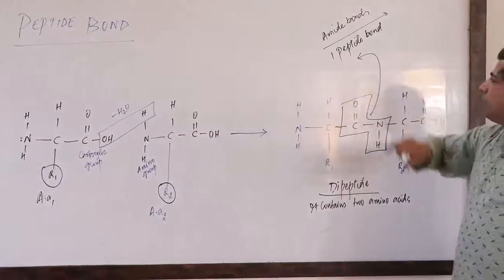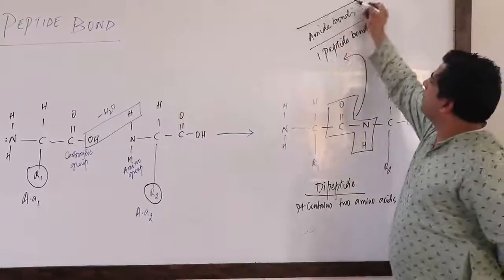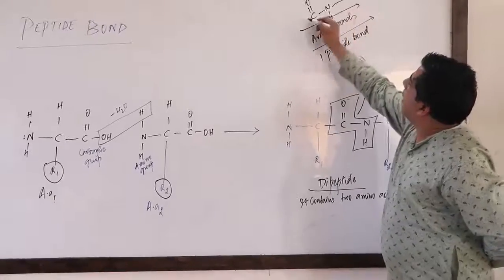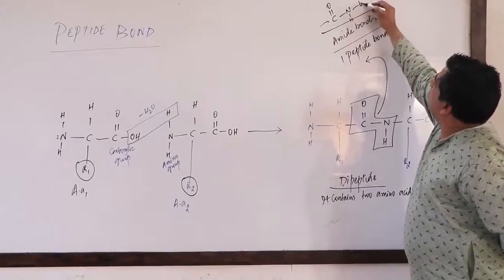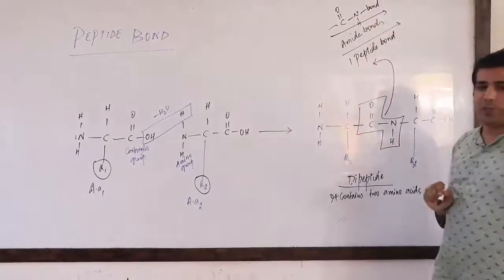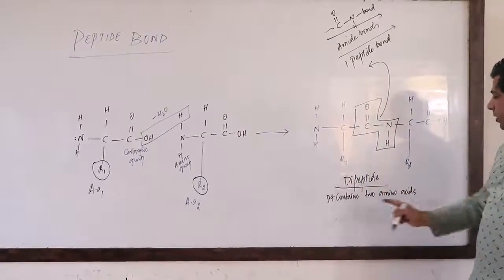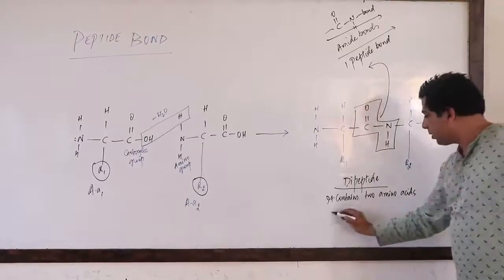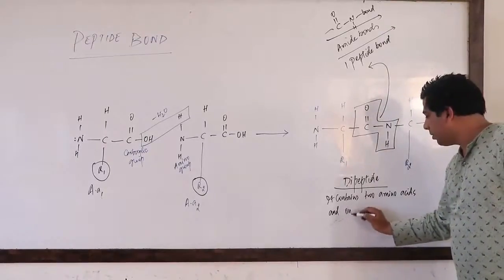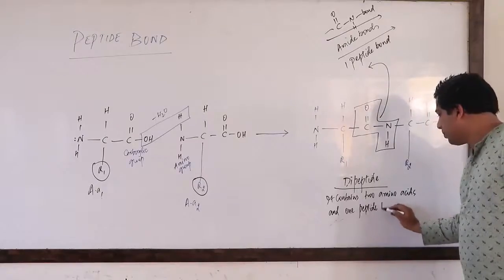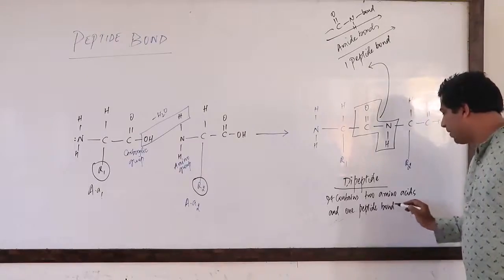And this peptide bond is nothing but the CONH bond. Remember, for competitive exams, the CONH bond is known as the peptide bond. So a dipeptide contains 2 amino acids and 1 peptide bond, because between 2 amino acids you will have only 1 peptide bond.